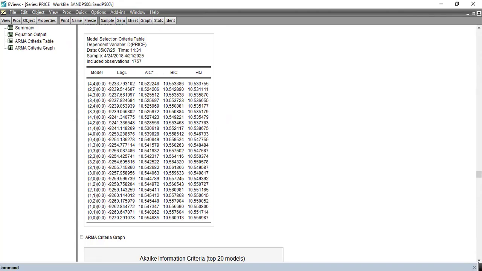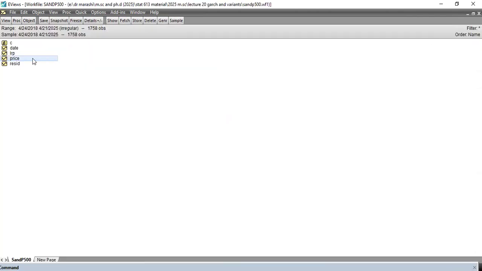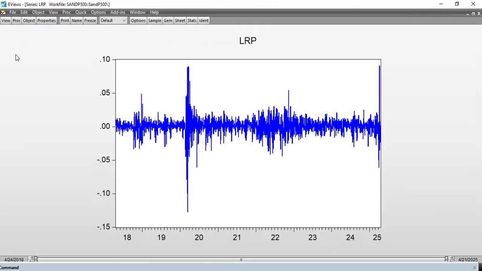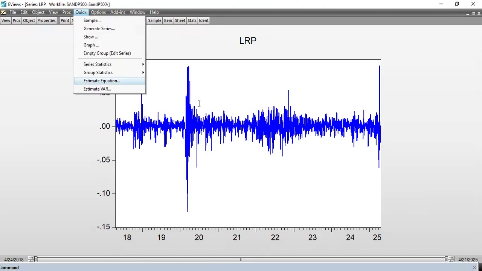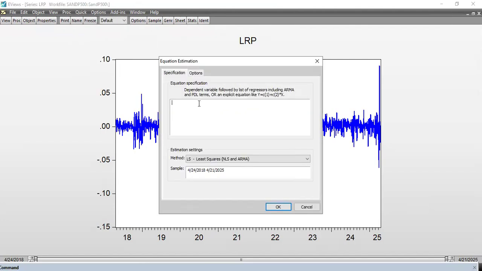So the first thing is, let us go for returns. I have already done the returns. You all know how to do the returns. This is the series of the returns. And now we fit the model. So the model was what?